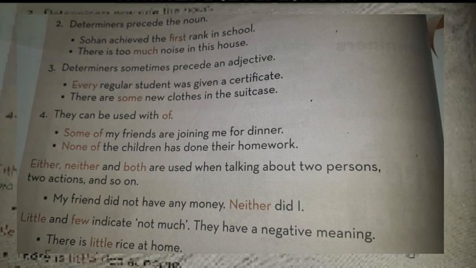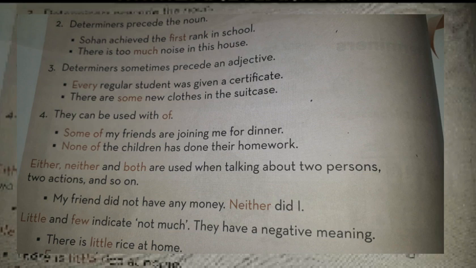Next, the important one: either, neither, and both are used when talking about two persons, two actions, and so on. See, my friend did not have any money, neither did I, which means both didn't have any money. So neither I nor my friend have any money, like this.